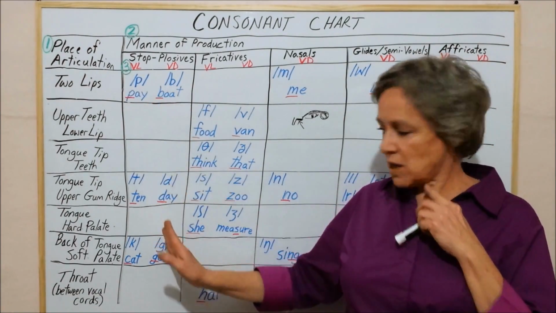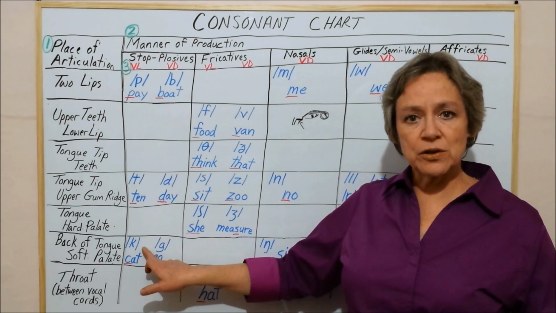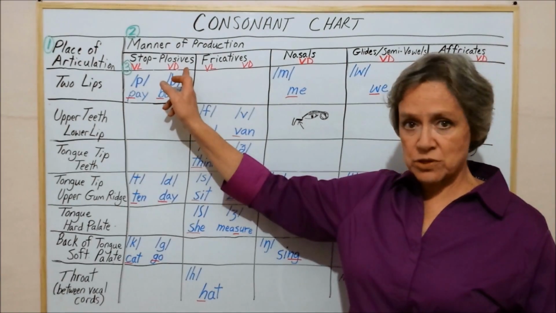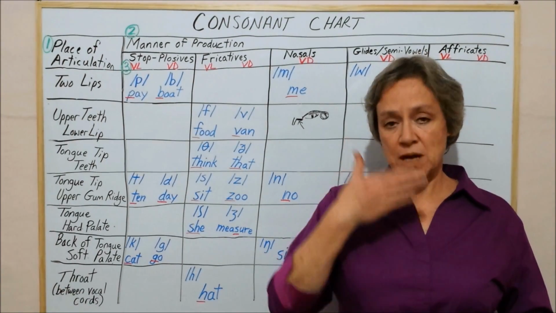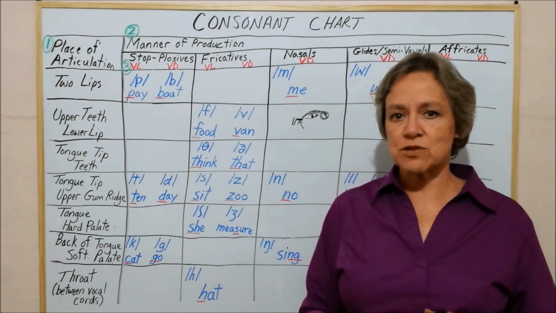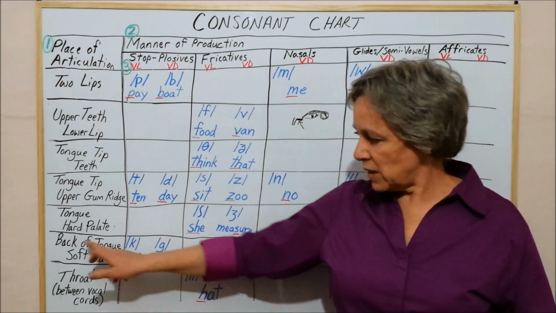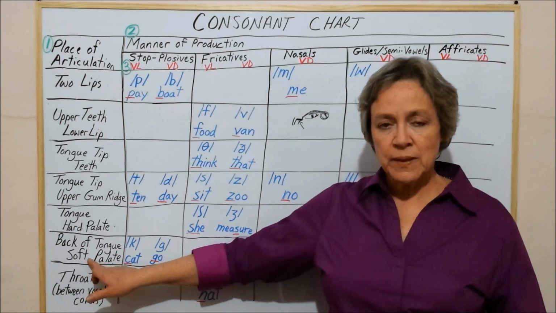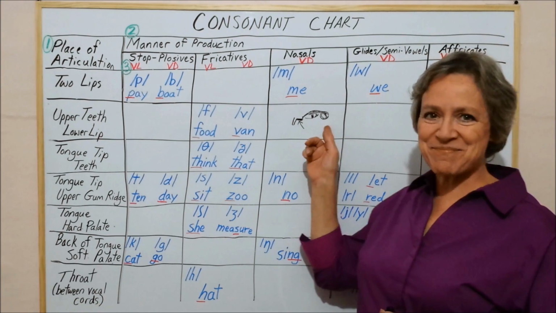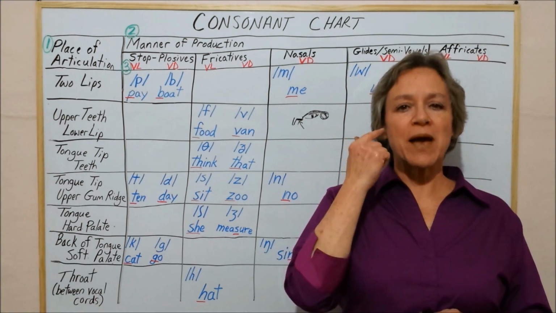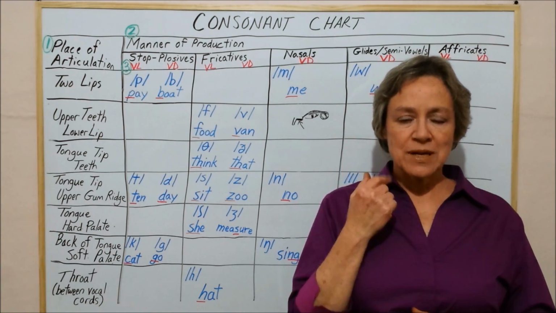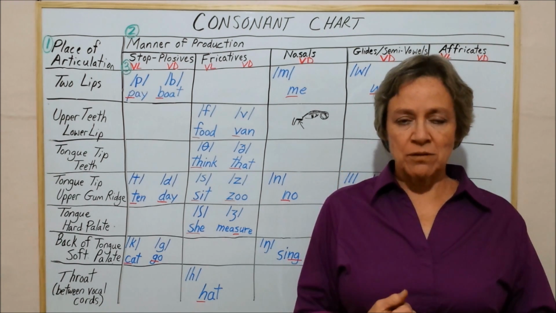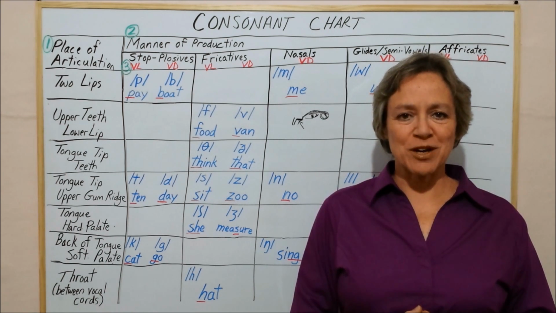If we continue down this column, we have k and g. These are also stop plosives, so they are going to stop the flow of air and then release it forcefully. But these are made with the back of the tongue touching the soft palate. So remember I said the soft palate, look at my horrible picture, is way back the top of your mouth, and it's soft. You can touch it right now with the tip of your tongue to see what I'm talking about.